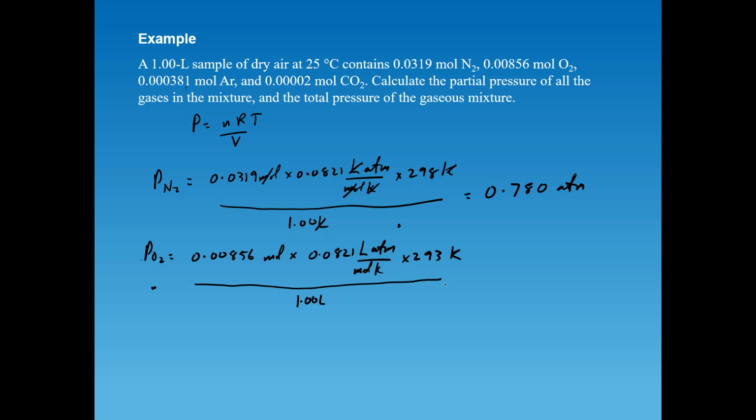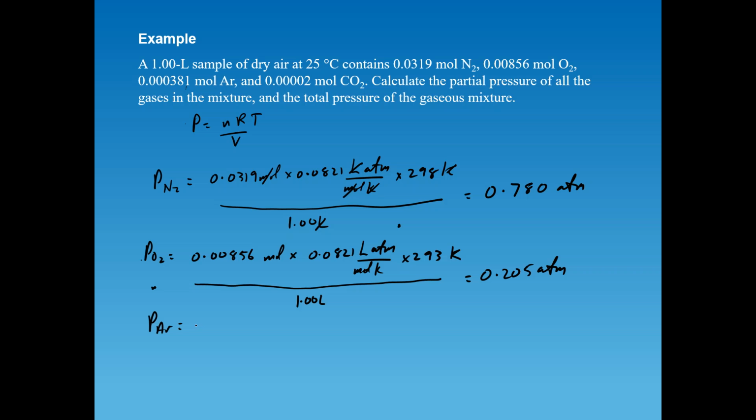So let's do the calculation here for this one. 0.00856 times 0.0821 times 293 divided by 1. So this would give you 0.205 atmospheres. And then the next gas is argon. So the partial pressure of argon.